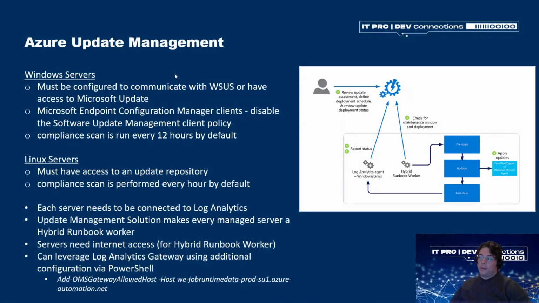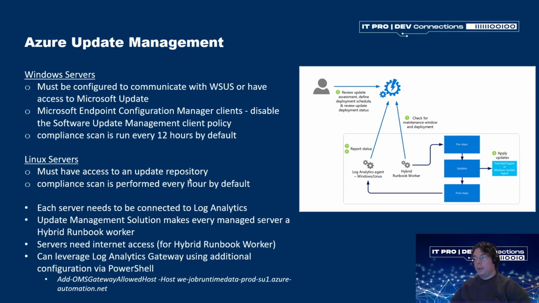The Azure Update Management solution is not an update repository. The servers need to be configured to communicate with the update catalog for Windows or an update repository for Linux, either private or public.